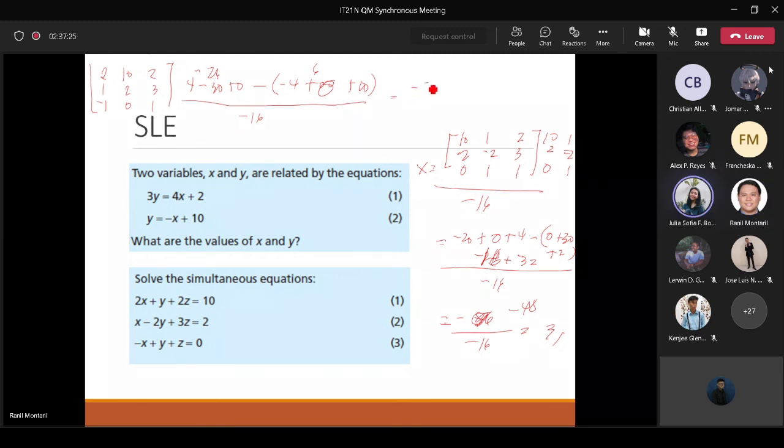Over negative 16. So this will become 2. Okay, so we already have this one. Now, for the next one, let's solve the other variable. Replace this in the z column. 2, 1, negative 1. So, here, guys, 1, negative 2, 1.